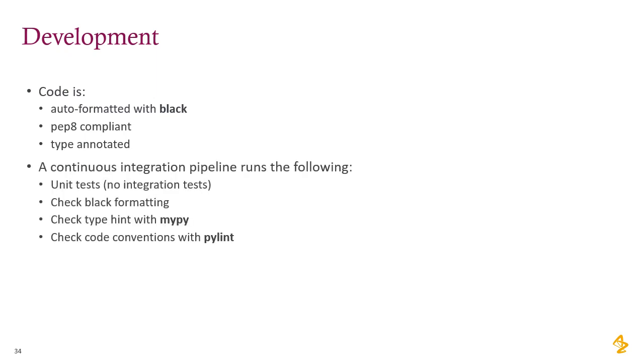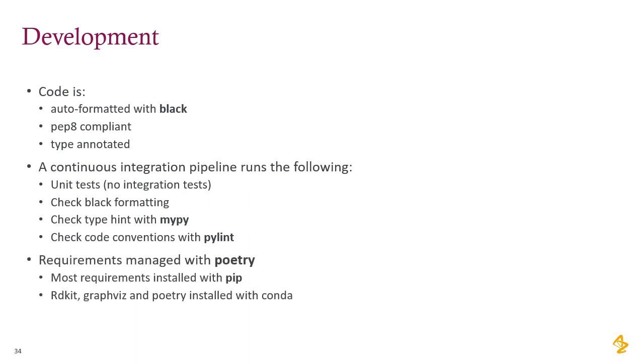To ensure this, we have a continuous integration pipeline that runs unit tests. There are a couple of hundred different unit tests. We check the black formatting, we check type hints with MyPy, and we check code conventions with PyLint. And this is run using a GitHub action whenever you push to master.